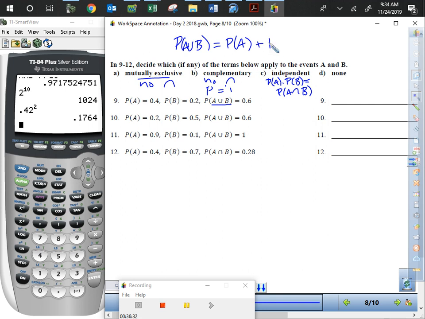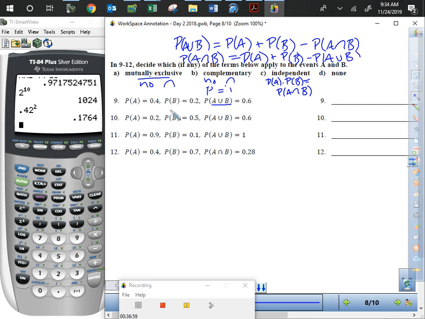But remember, we have to subtract off an intersection if there is one. So similarly, we could say that the intersection, if we move some stuff around by adding that over and subtracting that, is equal to the two separate ones minus the union.